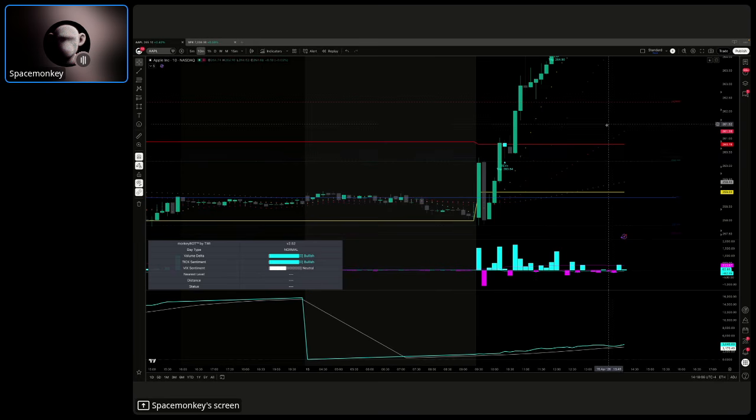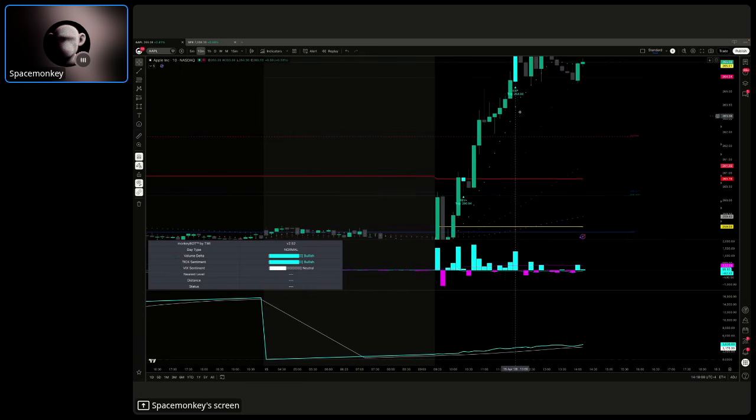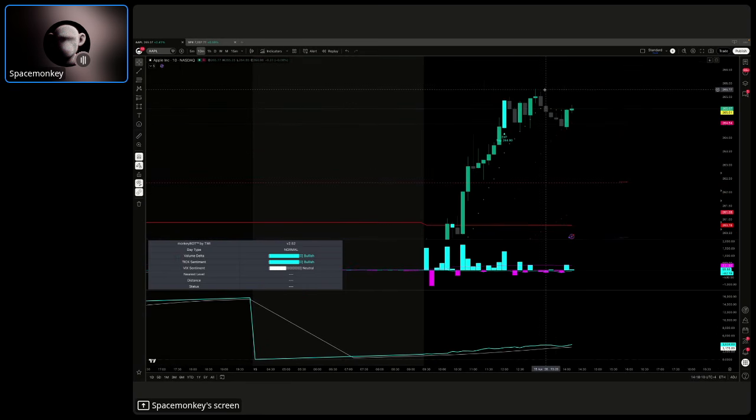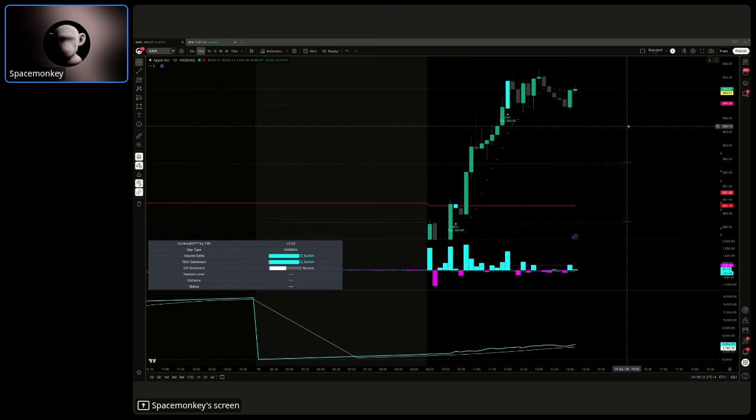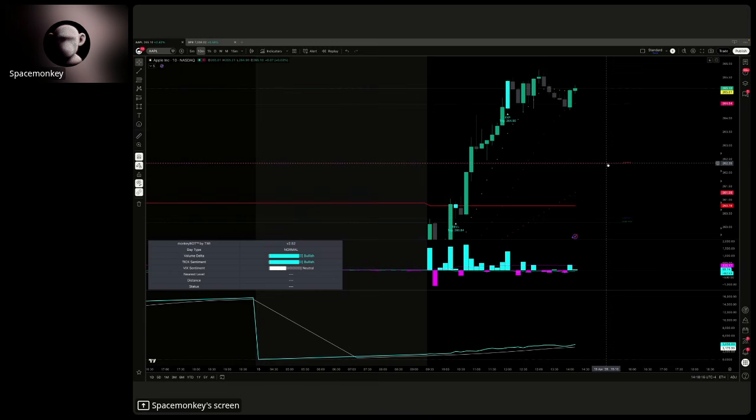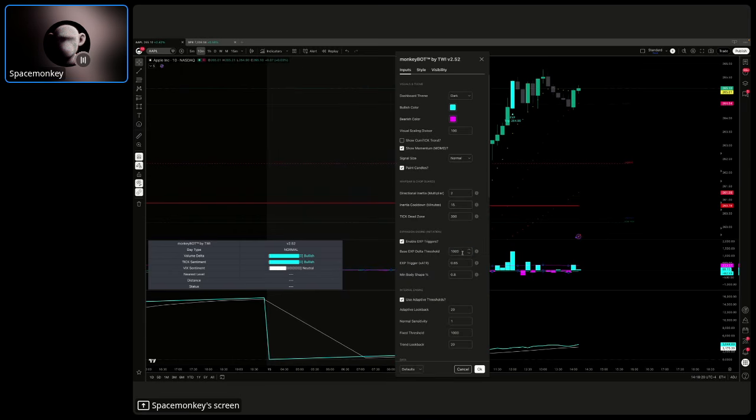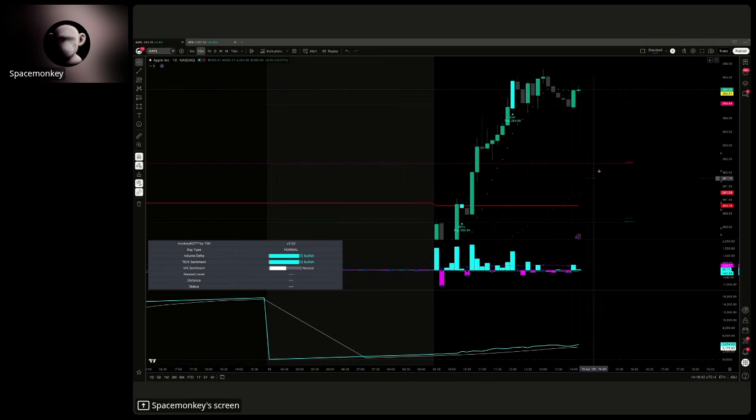We actually broke it, and it moved from 261 to new highs, 266 almost. And so, if you're trading stocks, change the setting to 1,000. If you're trading SPX, I would change it to 600 and 1,000 on the base EXP delta threshold. Everything else, keep it the same. That is important.